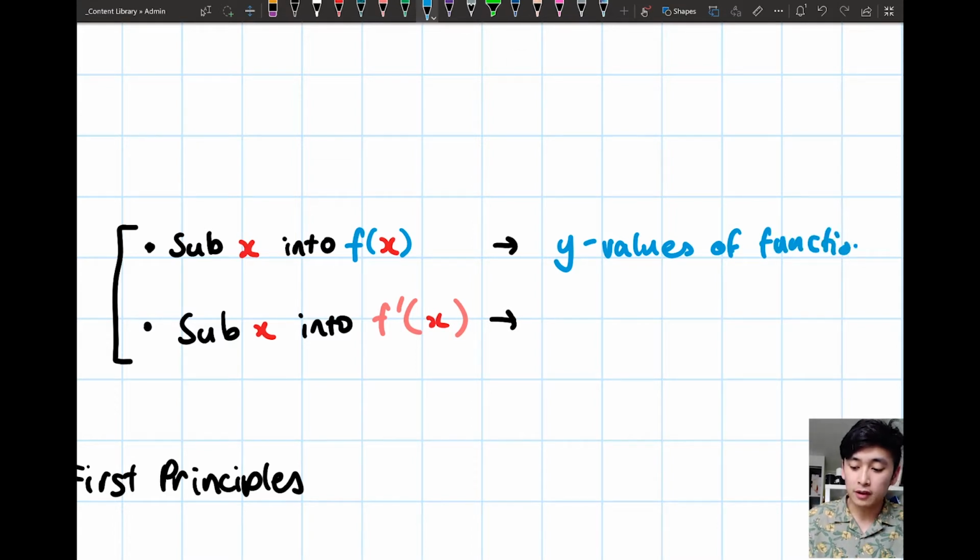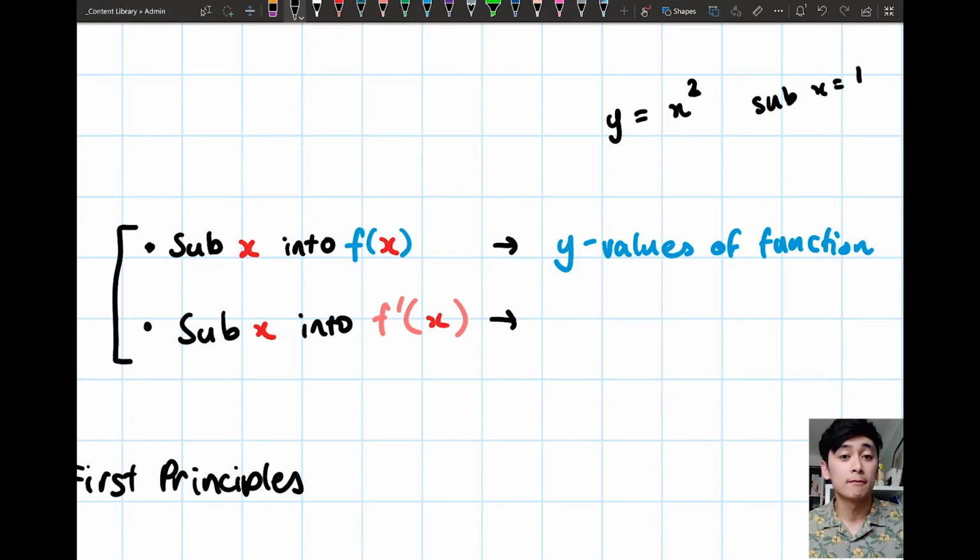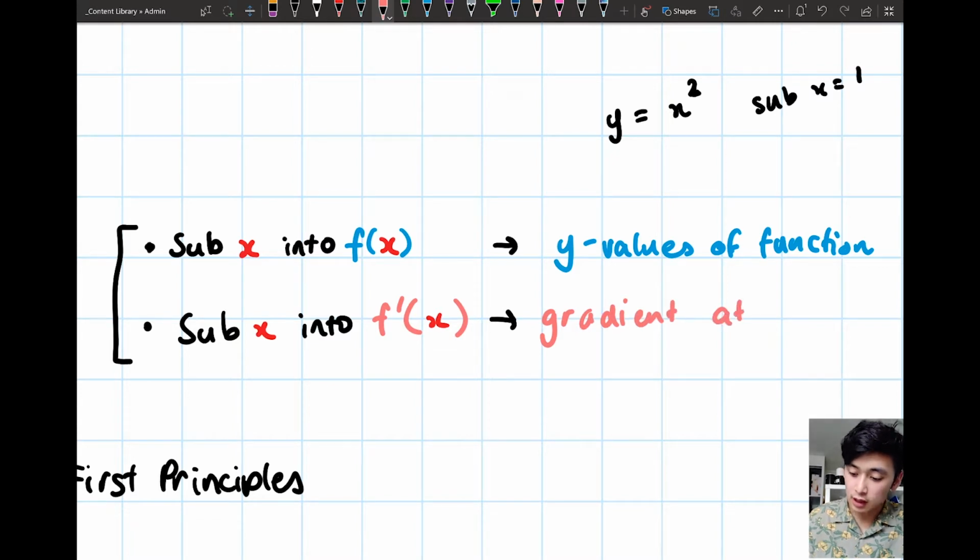So when we sub in, for example, if we want to know the y value of a particular point, let's say y is equal to x squared, that's our function, and we want to find the value of y at 1, we sub x is equal to 1 into our function. Now, the gradient function, the derivative, when we sub in values of x into our derivative, this gives us the gradient at x.